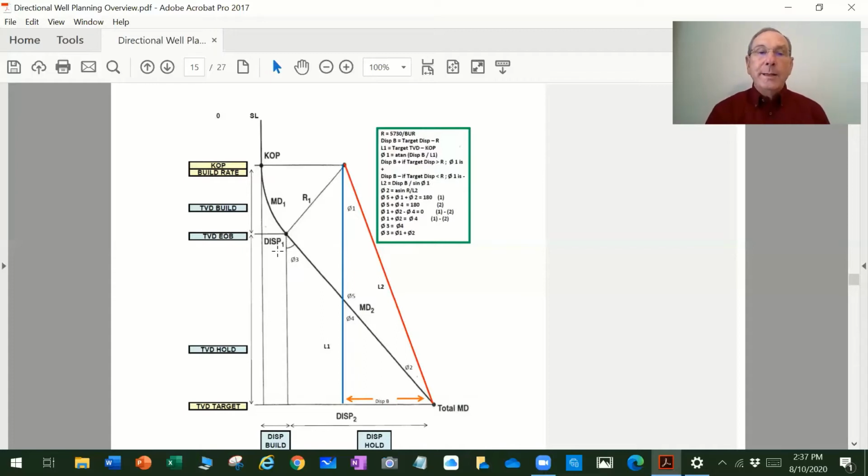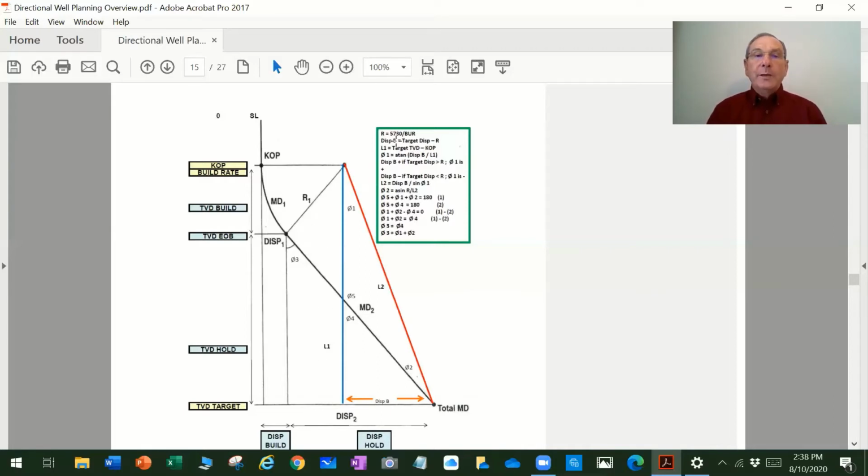So if we look at this diagram, L1, this length here, is going to be the target TVD minus the kickoff point. So we have a kickoff point here, and this length is going to be L1. The angle 1 is going to be the arc tangent of this displacement B divided by L1.